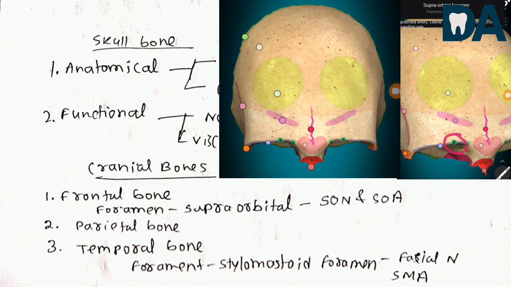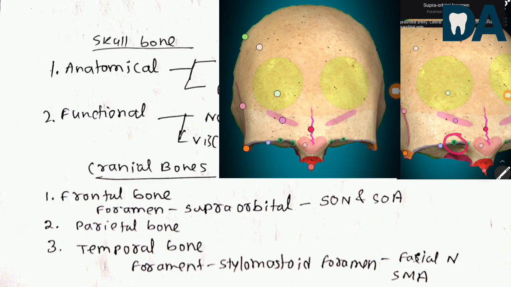The frontal bone contributes to the superior orbital margin, a prominent bony edge over the orbit. Supraorbital foramen lies medial to its midpoint. The frontal bone also lodges the frontal sinuses.